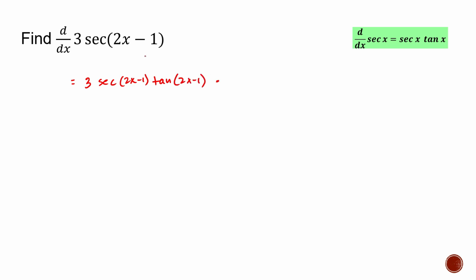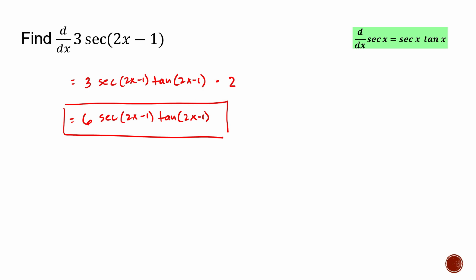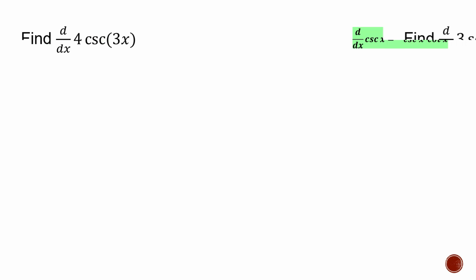And then multiply that by the derivative of 2x minus 1, which is 2. So our answer is 6 secant 2x minus 1 tangent 2x minus 1. Alright, let's go now to our second to the last example.